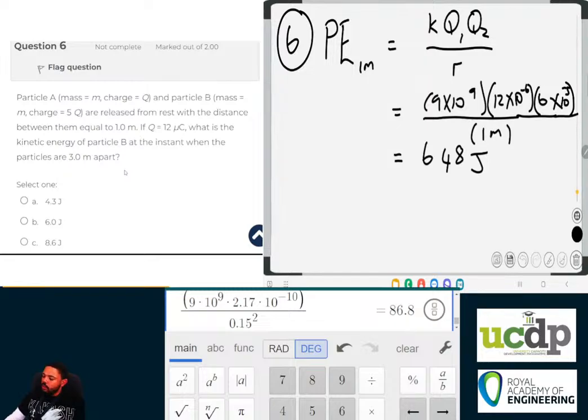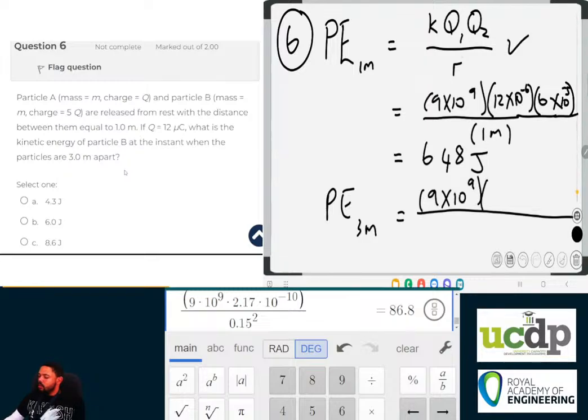Now what is the potential energy when they are 3 meters apart? We use the same formula here. 9 times 10 to the 9, times 12 times 10 to the negative 6, and then 6 times 10 to the negative 5.